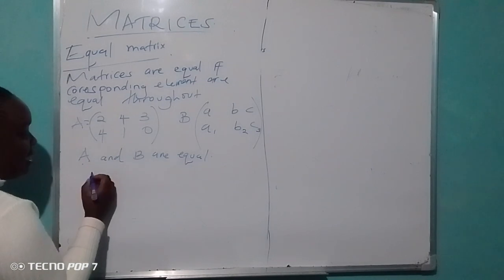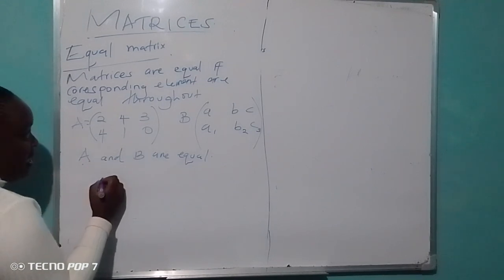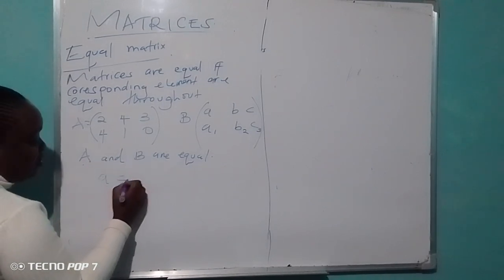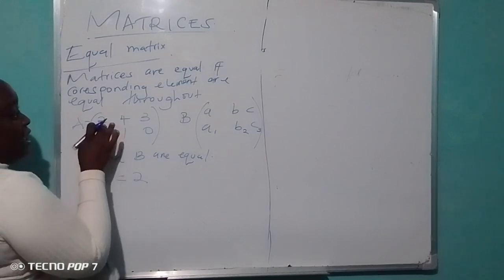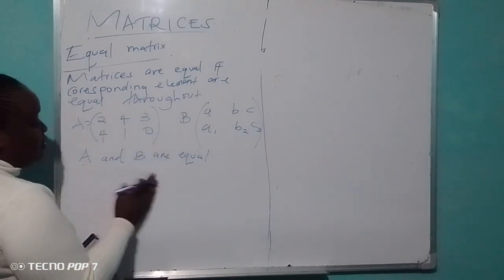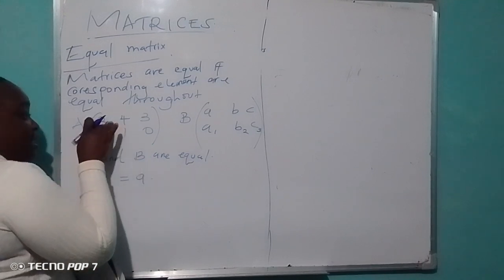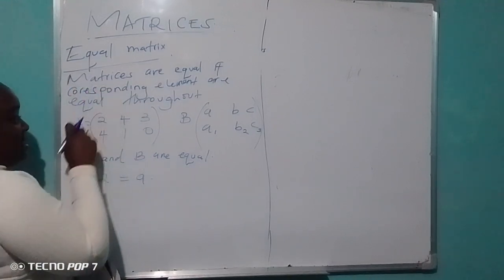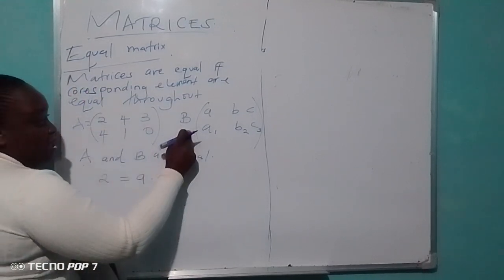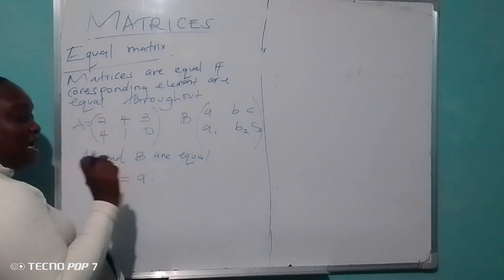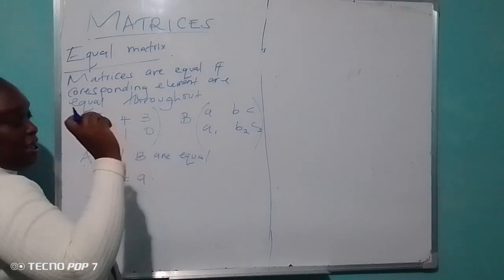So here we'll say that a is equal to 2, or 2 is equal to a.